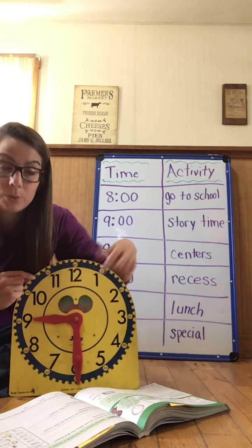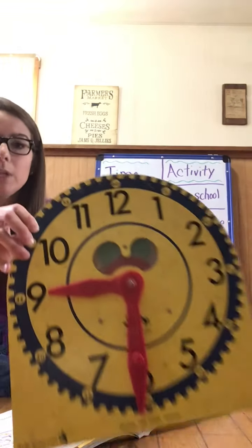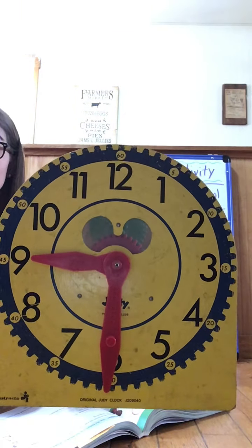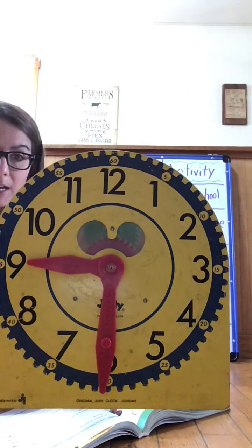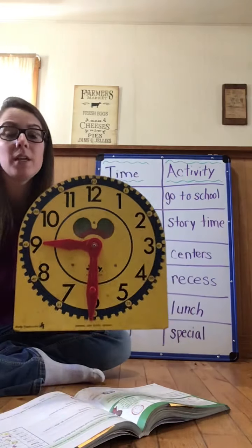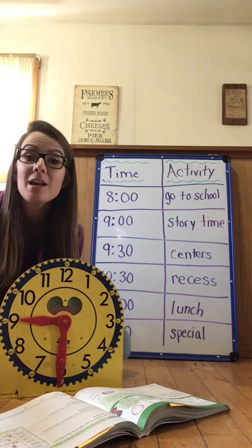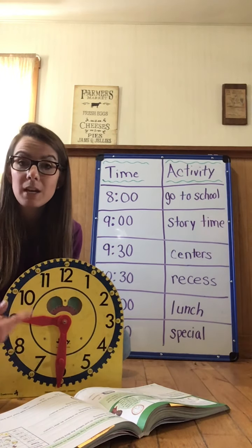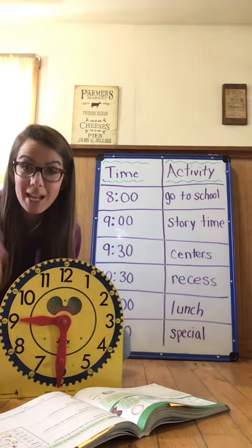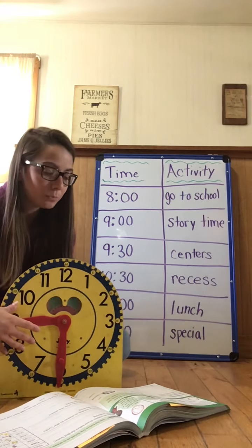So this would show 9:30. If you look really closely at my clock, you can see how it counts by 5s for you. This is a great tool to have when you're practicing counting, and I've said before that you'll practice more in 2nd grade, so this will help you. This kind of clock will help you realize, oh yeah, halfway at the 6, that's 30, 9:30.